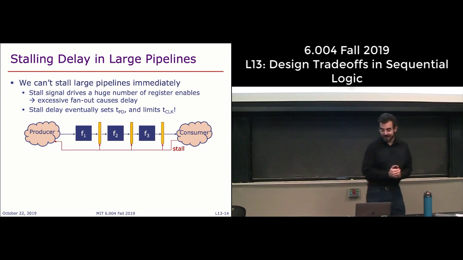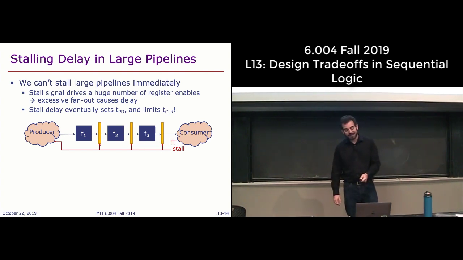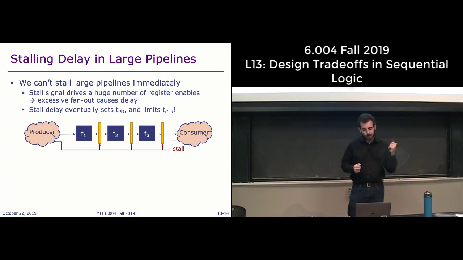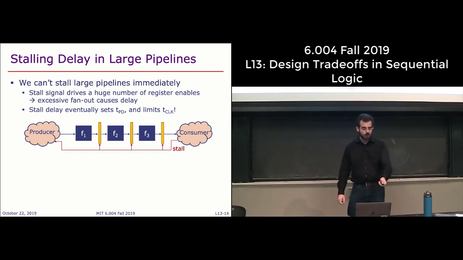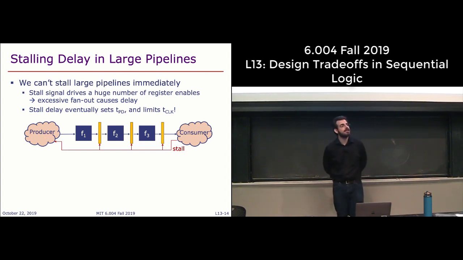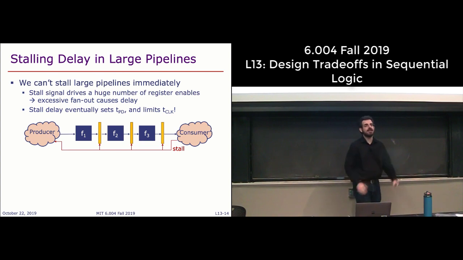And so what happens is that, first of all, this stall signal is typically something that you derive in the middle of the cycle. So you already have some propagation delay, because the consumer is trying to figure out, can I do something the next cycle, or do I have to tell all the people upstream to stall? So you're already generating this signal in the middle of the cycle, and now you have to drive all these register inputs.